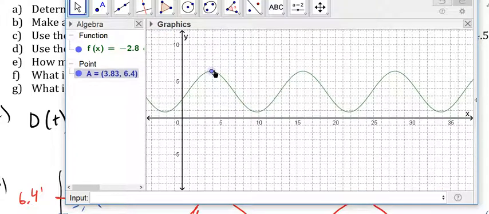It looks like the max is at about 3.75 and the min is at about 9.75. Just from typing in the equation, it looks good to me. It goes up to the max again just after 15, after 21, and then 27, 33. So that looks pretty good. How does that feel?